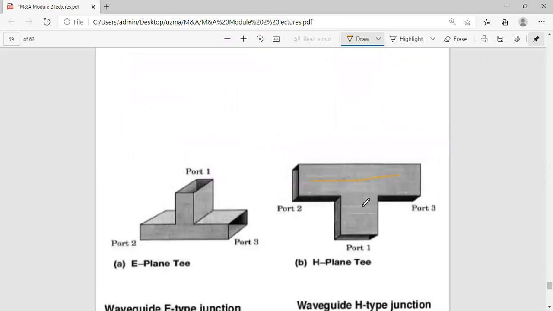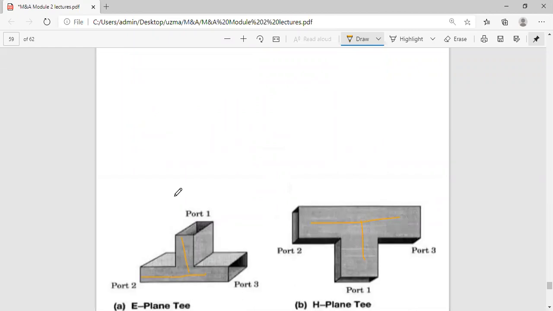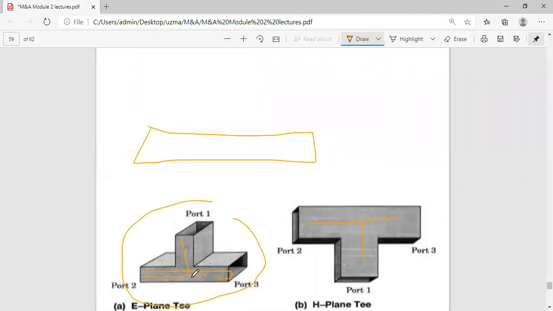And you can see there is an English alphabet T here. Whether both figures are the same or different? Analyze the figures. You can see here, this is your base. I'm talking about this figure. This base structure looks like a matchbox. The upper section, the covering, looks like that.